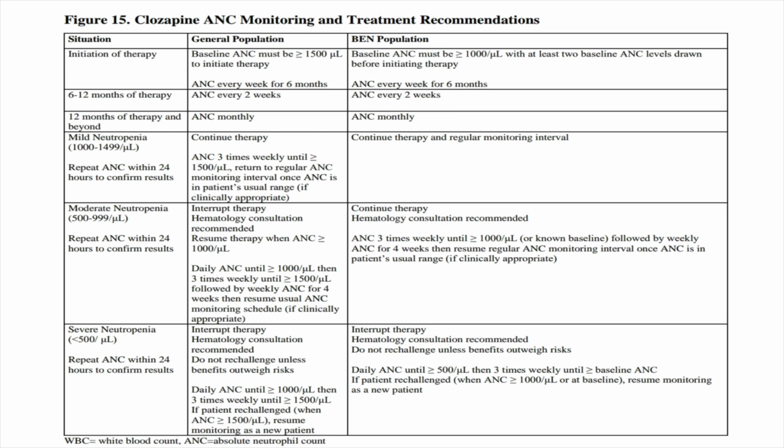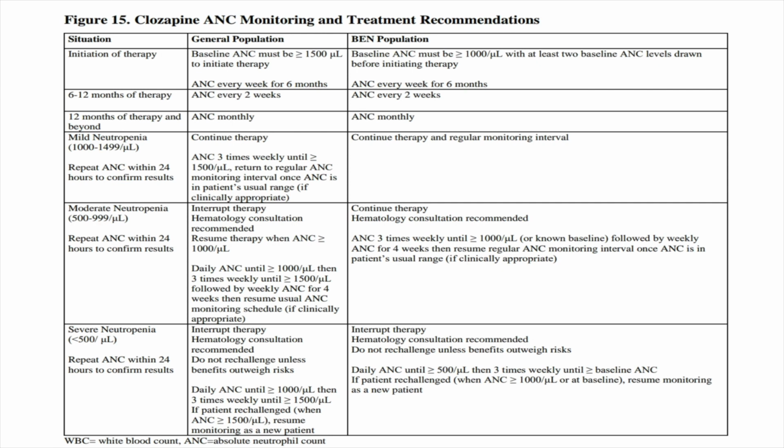They just have different monitoring requirements, such as if somebody has mild neutropenia, 1000 to 1499, in the general population, it's risky, but we'll take the ANC 3 times weekly until greater than 1500. But in the benign ethnic neutropenia population, it's okay.